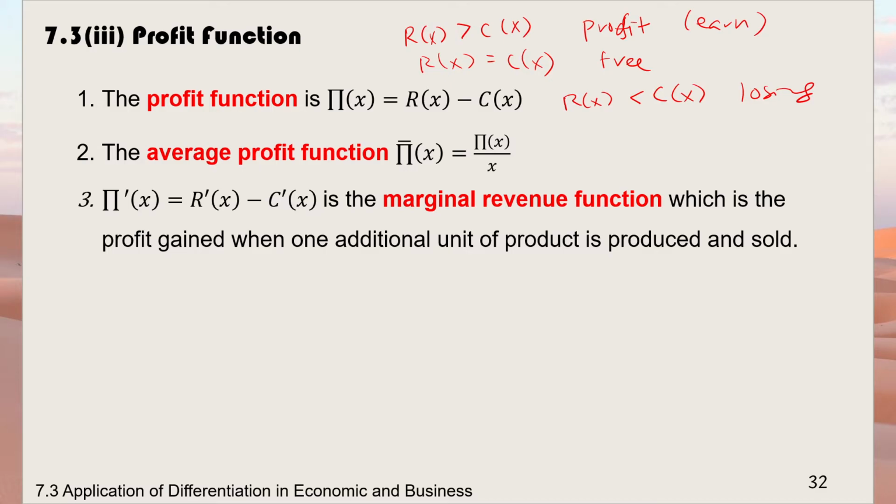But the thing is, the world is not as pretty as we think. Sometimes, although you work hard, you don't get what you should get back. So as usual, average means that you take your profit divided by x. Now over here we have the marginal, which is R prime x minus C prime x.